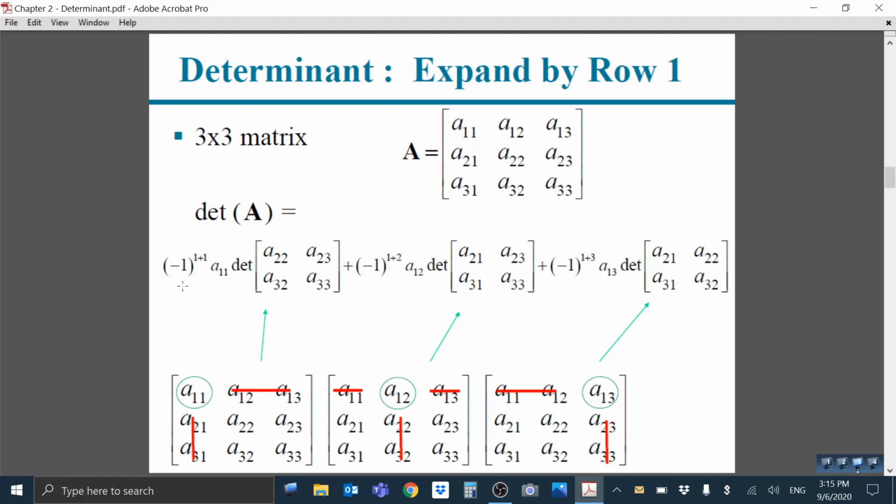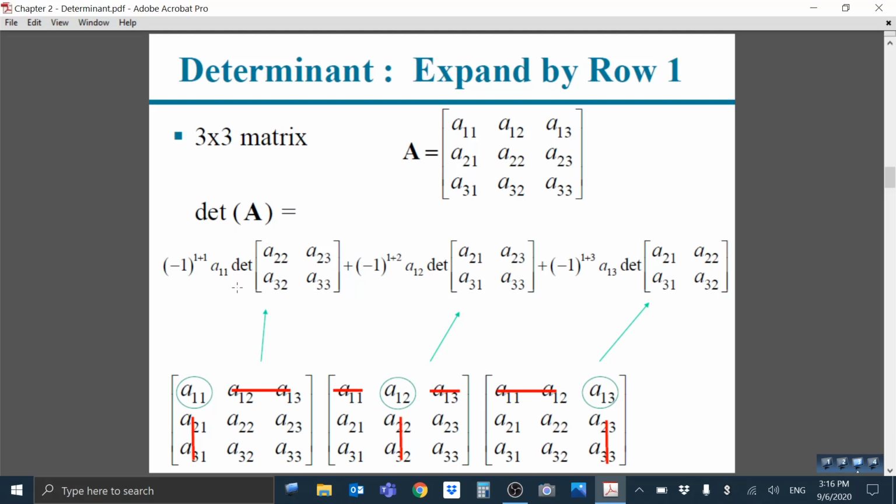And you will see negative 1 all over the place. So it's negative 1 to the power 1 plus 1. You see the indices of the location of the entry. This is the entry A11, so the indices are 1 and 1. So my negative 1 to the power 1 plus 1 times the entry, and then times the determinant of a smaller matrix, 2 by 2.